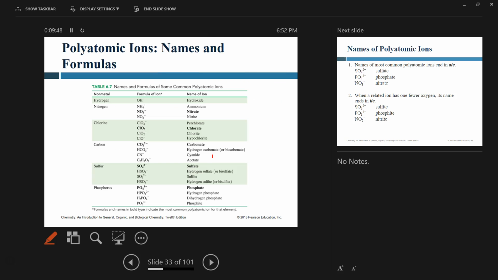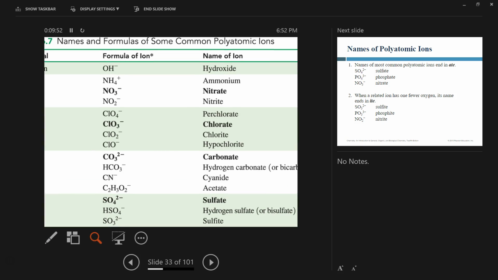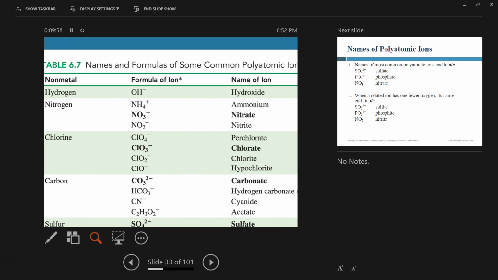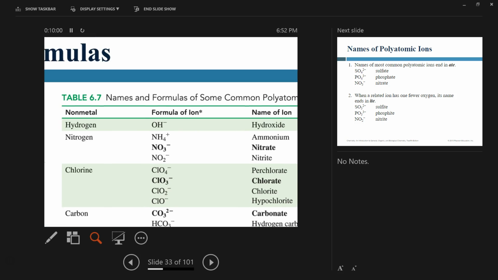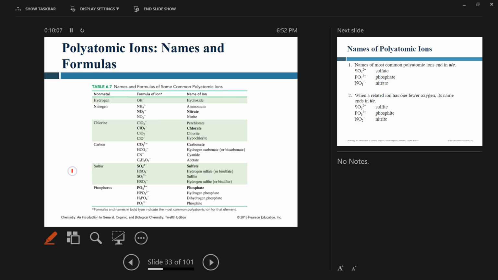So here are some examples of polyatomic anions. For instance, nitrate, NO3 minus.